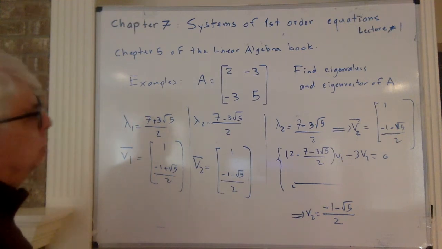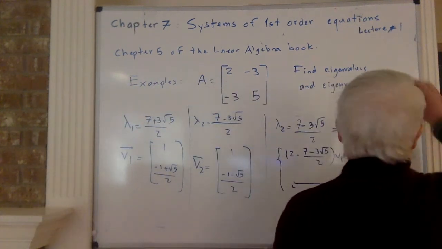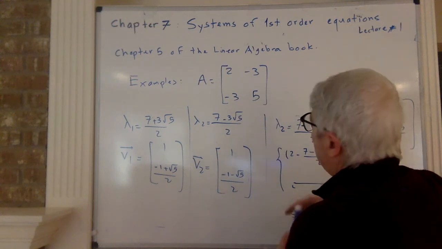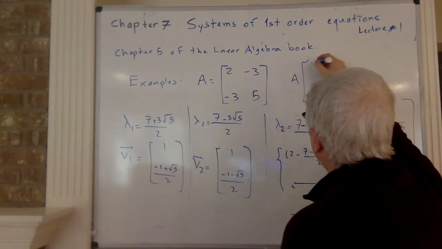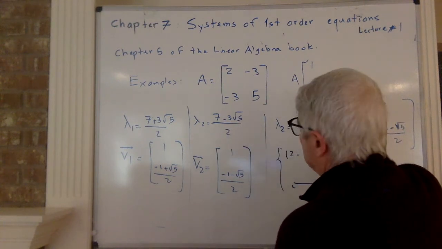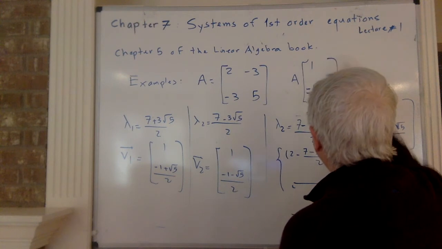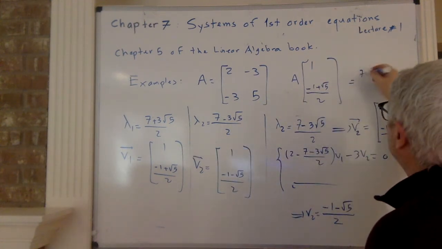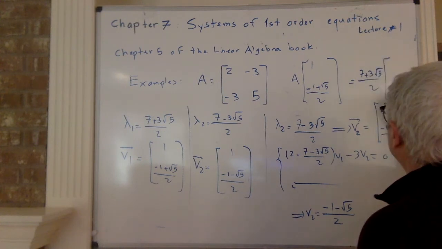Now, what is it? It's this. You can check yourself. I'm not going to check it, but you can check yourself. This A times, say, one of them, say this one, 1, minus 1 plus square root of 5 over 2, is this lambda, which is 7 plus 3 square root of 5 over 2, times the same thing.